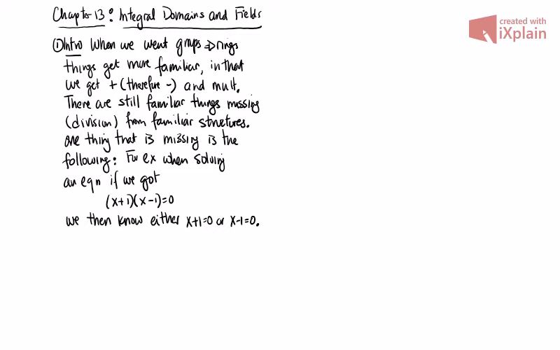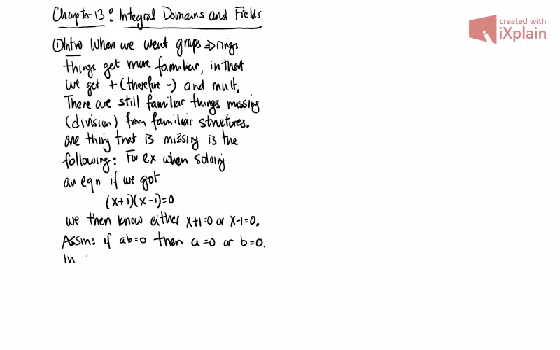So the assumption here is that if ab equals 0, then a equals 0 or b equals 0. In algebra, this is sometimes called the zero product principle.